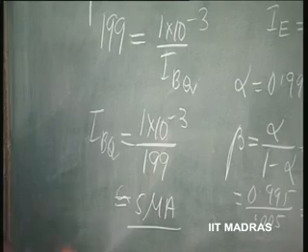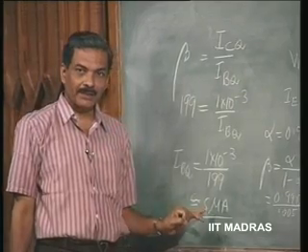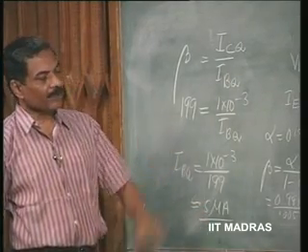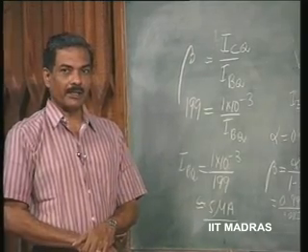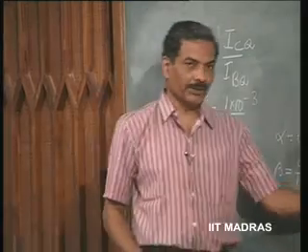So, it is enough if I fix the current as 5 microamperes for this transistor in order to make the emitter current equal to 1 milliampere and collector current equal to 0.995 milliampere, instead of bothering about this voltage.